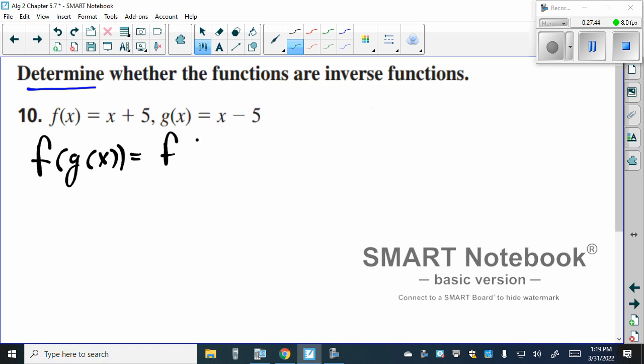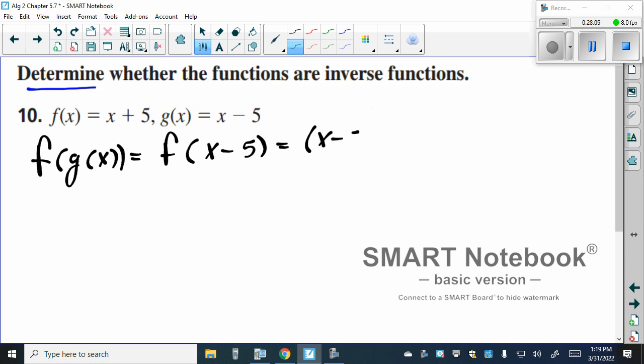So here, the first thing we'll do is replace g of x with its function, which is our x minus 5. Now our f of x is x plus 5. But since I don't have x anymore, I have x minus 5, we're replacing the x with x minus 5.